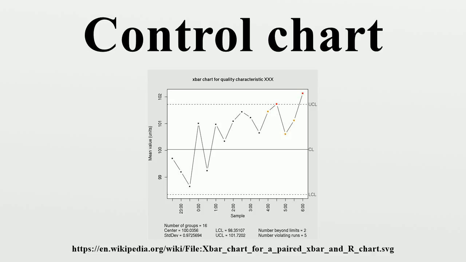Some practitioners also recommend the use of individuals charts for attribute data, particularly when the assumptions of either binomially distributed data or Poisson distributed data are violated. Two primary justifications are given for this practice. First, normality is not necessary for statistical control, so the individuals chart may be used with non-normal data.